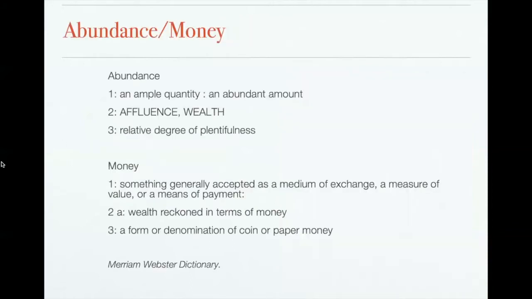Just in terms of what the dictionary says about abundance, abundance is an ample quantity, an abundant amount, a limitless amount. Its influence, its wealth, its relative degree of plentifulness.